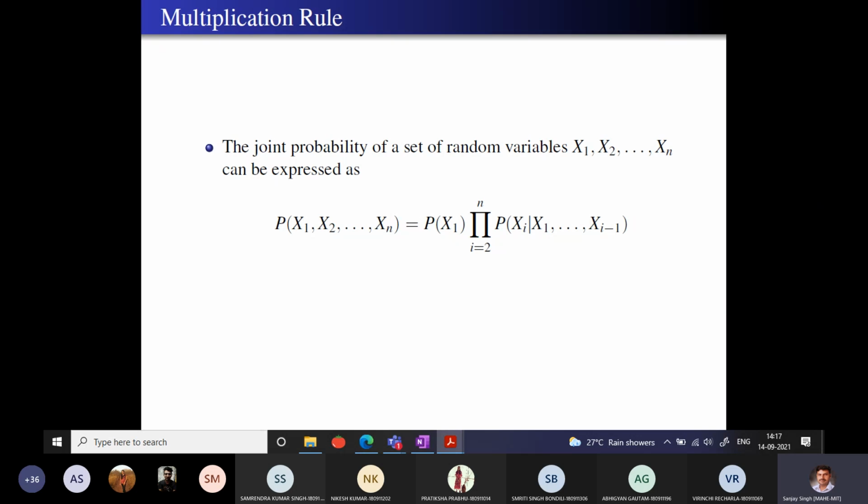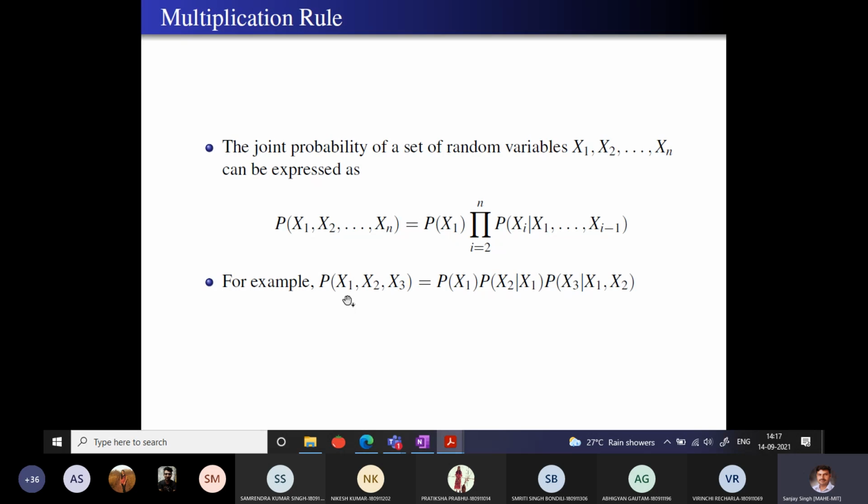So the joint probability of a set of random variables can be expressed like this. You have this joint probability of x_i for i equal to 2 to n. So here, i is taken from 2, P of x1 is there, and then we multiply x2 given x1 has already occurred, then x3 given x1, x2, and like that it continues.